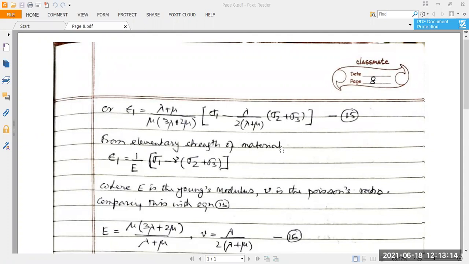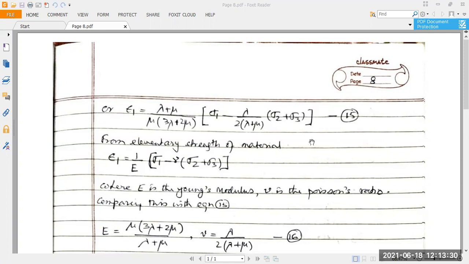from elementary strength of materials, we know that epsilon 1 is equal to 1 by E, sigma 1 minus nu into (sigma 2 plus sigma 3), where E is the Young's modulus and nu is the Poisson's ratio. Compare this with equation 15.